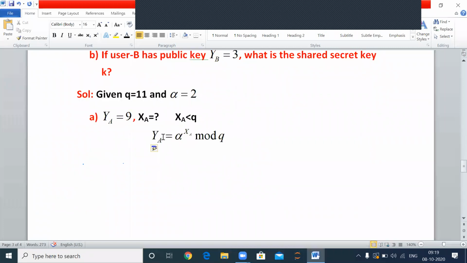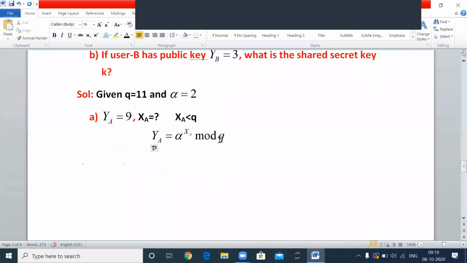With this equation, we know the parameters YA, alpha and q. The only unknown parameter is the private key, so by using this equation we can easily calculate the user A private key.